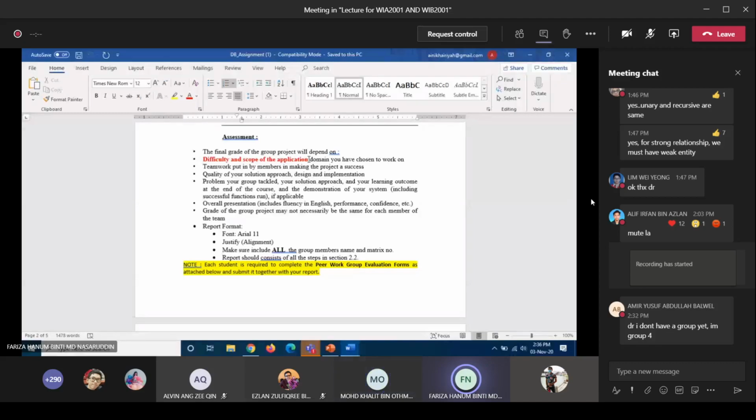So if you want to really do something worthy, go and get a real organization, so that you don't have to think about how the business works. You only need to think about how you get the information from the organization, and you just translate that into your database.